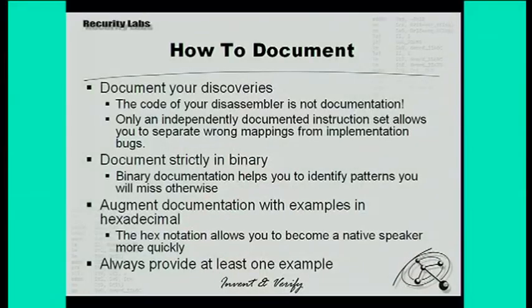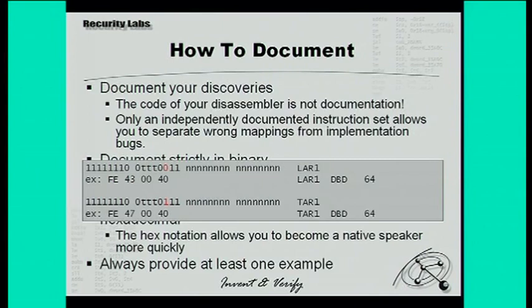Document strictly in binary is something that helped me a lot, and you're going to see why in a minute. And have examples. Like for every single instruction you write down, have an example how it looks like encoded. So the reason I'm documenting this in binary is because you then start to see patterns. So here's two instructions. One is a load into an address register 1, and one is a transfer into address register 1.